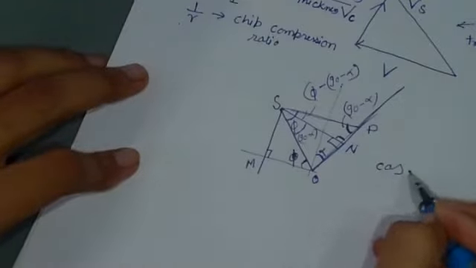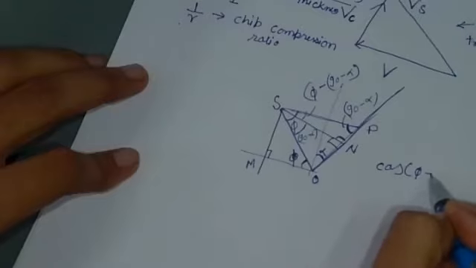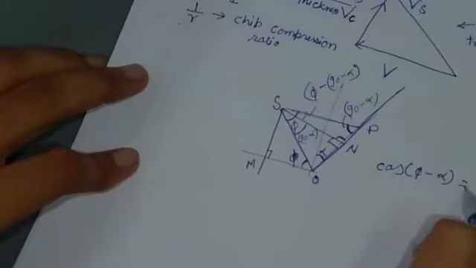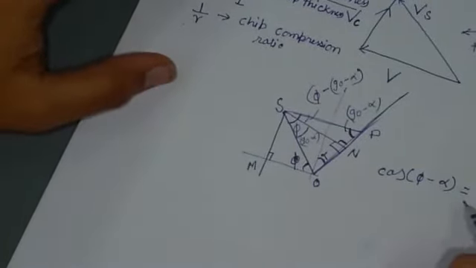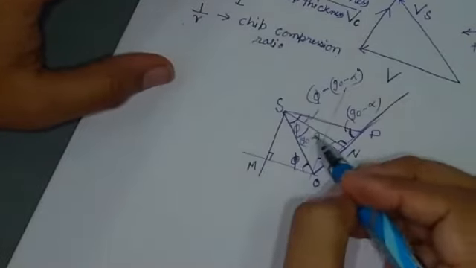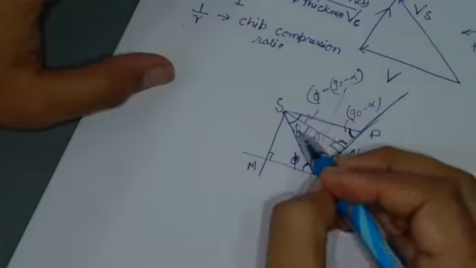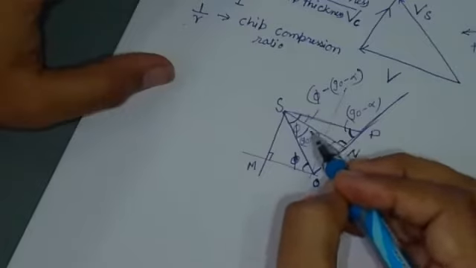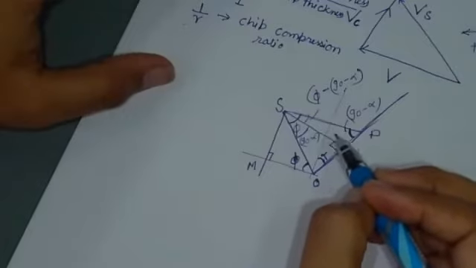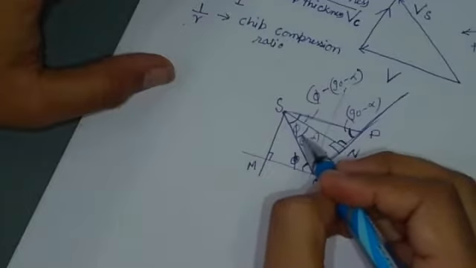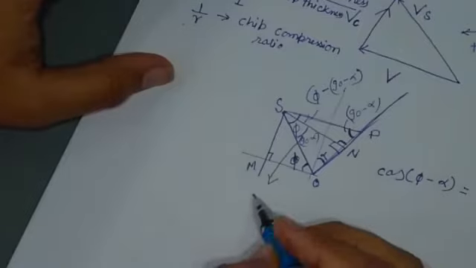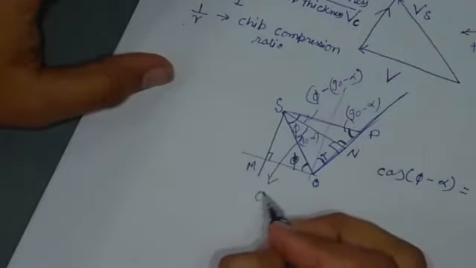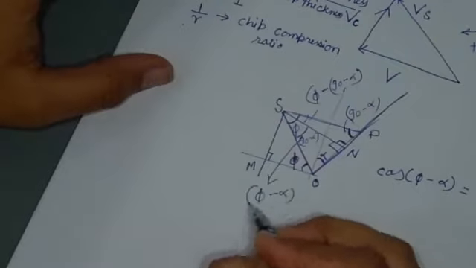So we can say cos(phi minus alpha), which is nothing but, this angle is phi minus alpha, no?